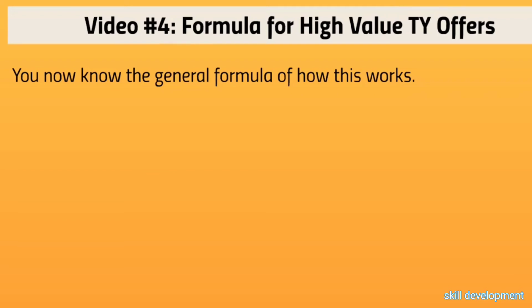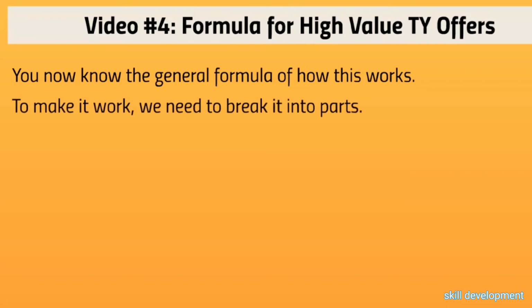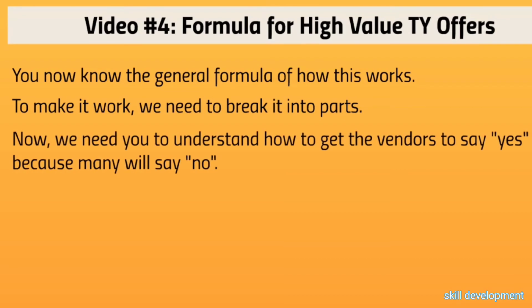So you really have to think about how you can offer something of value, but not in direct competition, if that makes sense. To make this work, you really need to break it into parts, and here's what I mean by that.